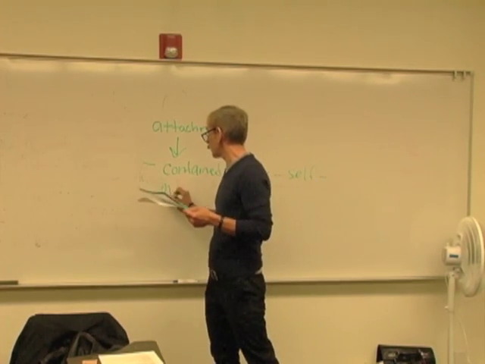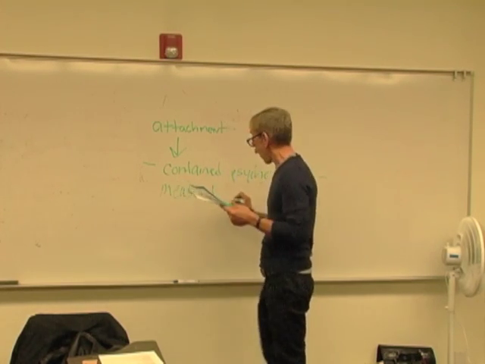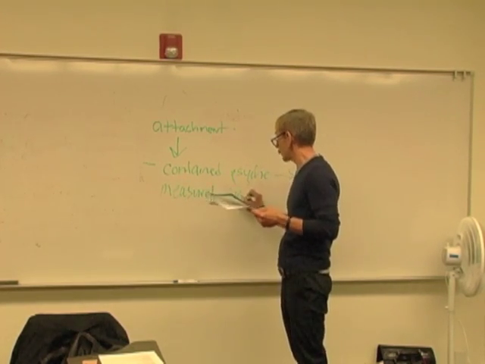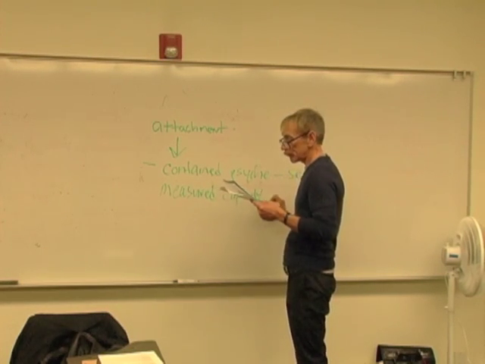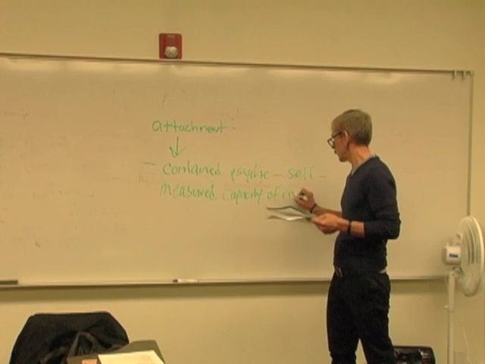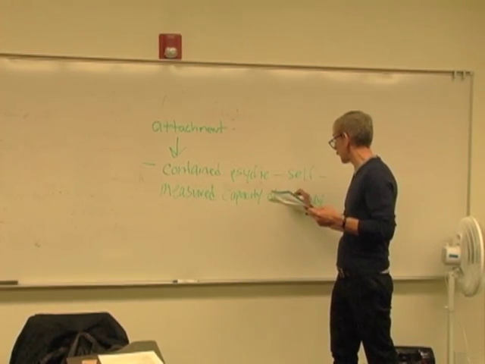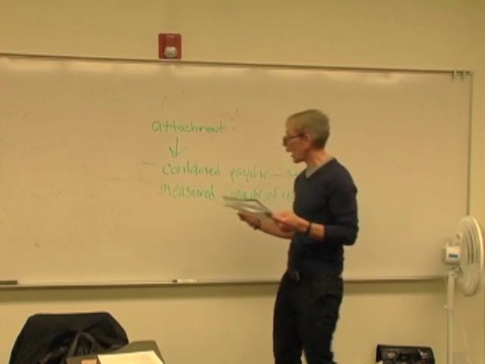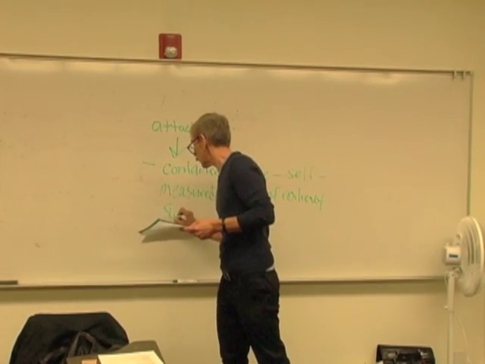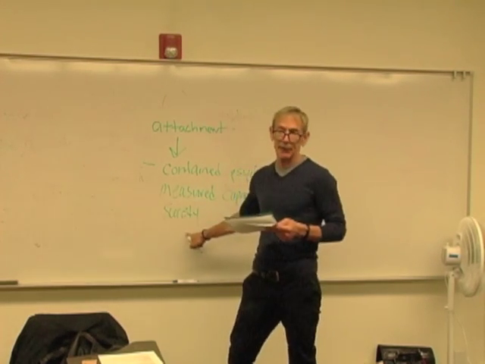that has, this is the way I like to think of it, a measured capacity of resiliency. I can never spell that word right. It's R-E-S, pardon me. Resiliency. And that we also have an internal surety of well-being.